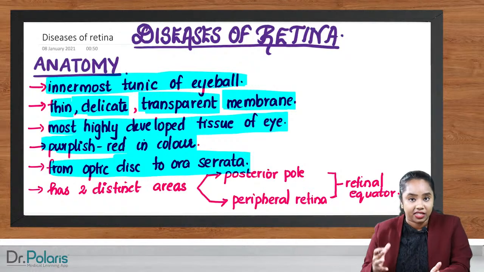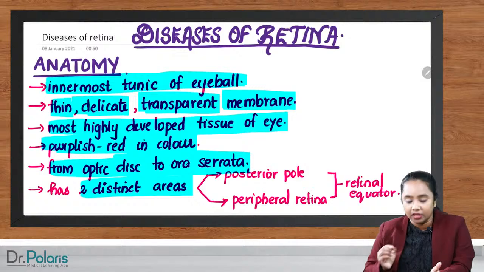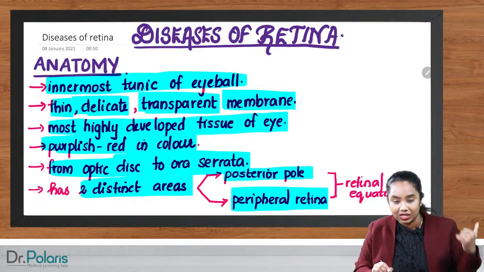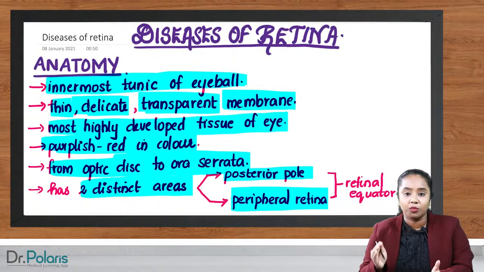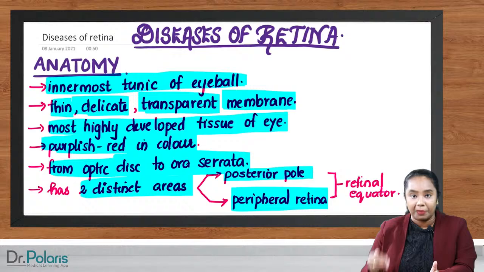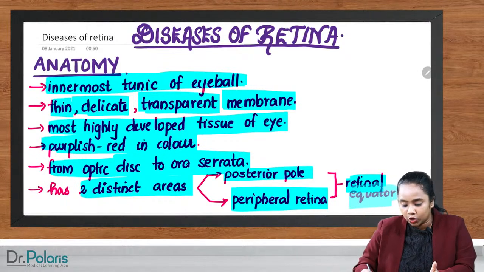Now, if you see the retina in detail, there are two distinct areas: a small posterior pole and a peripheral retina, which surrounds the innermost area of the eyeball. Between the posterior pole and the peripheral retina, there is a small space called the retinal equator.